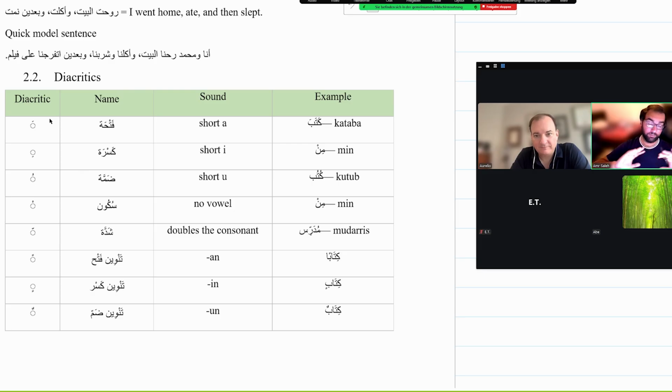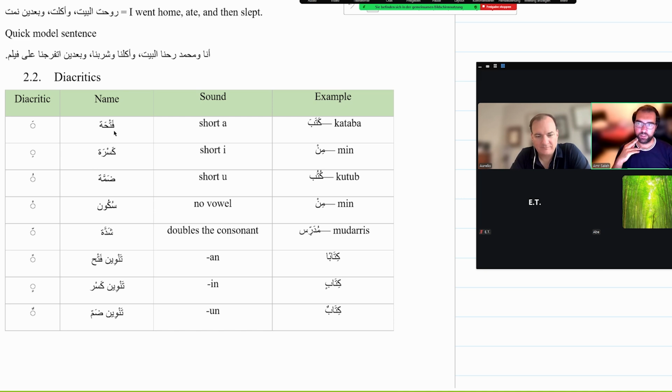There are diacritics that I don't even know what they mean. If you open the Quran, for example, you'll find so many diacritics. These are the standard ones. In everyday life, 90% of the time, even in official documents, anything outside of religious text, it's going to be only these diacritics.